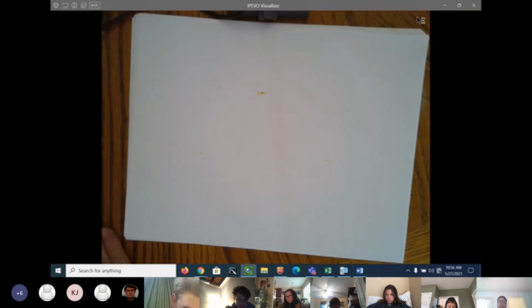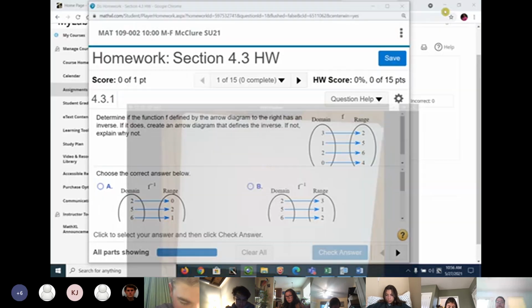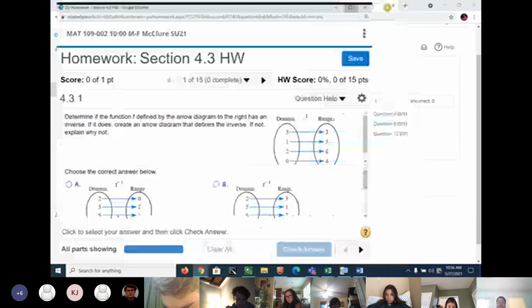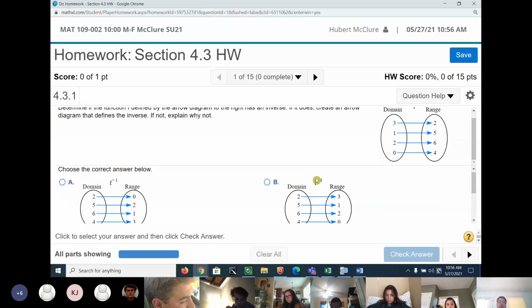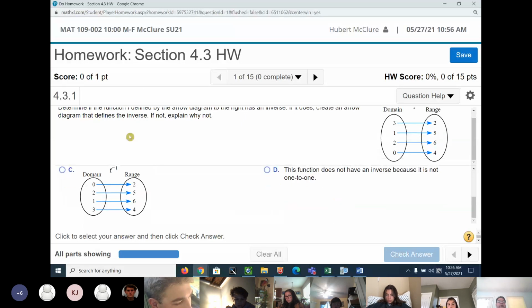And if I give you a one-to-one, it's going to be a graphing question. Okay. This one right here, 3-2, 1-5, 2-6, 0-4. Is there any repetition of either one of these numbers for x or for y? No. So this is a one-to-one function. Okay. I don't know what they're asking. Let's see.